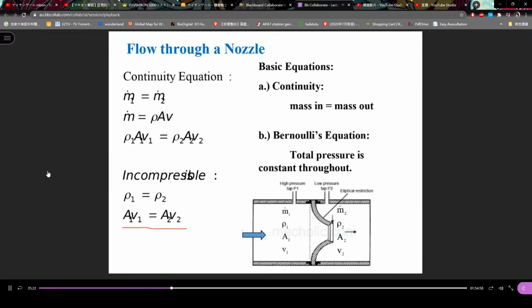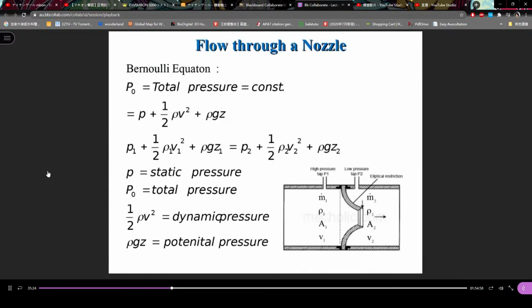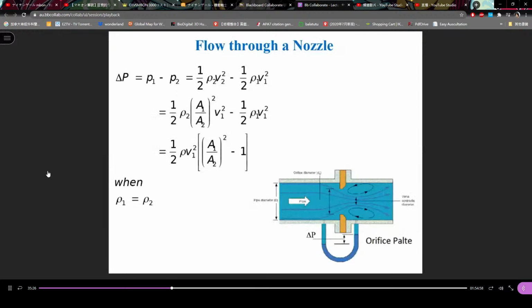A means area, V means velocity. Then we use this equation to change, because we want to know the velocity here, V1, but we don't know the velocity here. We cannot measure the velocity here. We don't need to measure the velocity here, but we want to know the velocity here. That's why we need to do measurement, mean velocity. So replace V2 by V1.